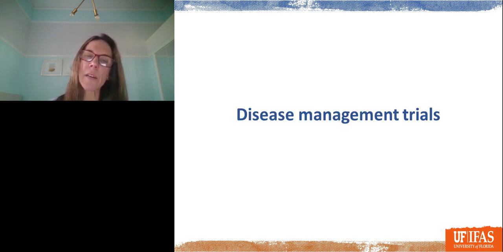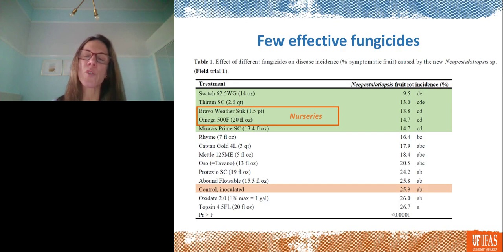As far as fungicide trials for management of the disease, the data I'm showing here is from the trials last year, because the current trials are still ongoing. And basically, we have only a few fungicides that are effective.